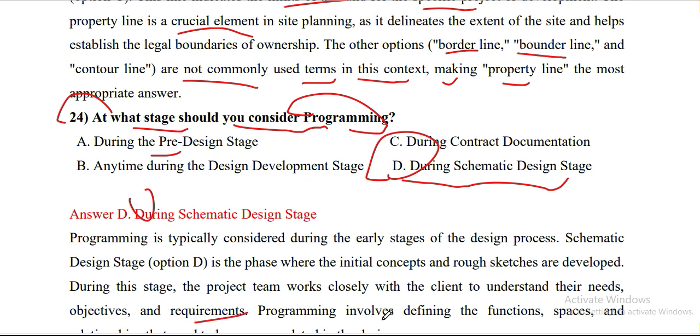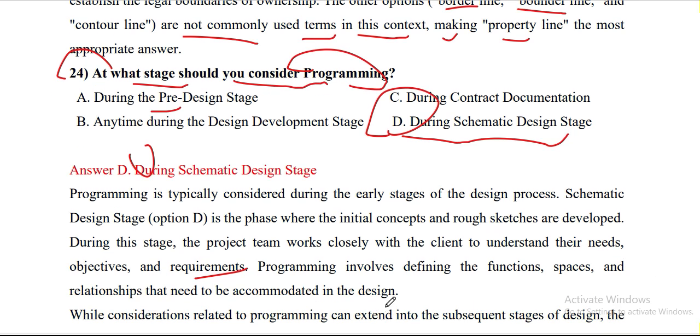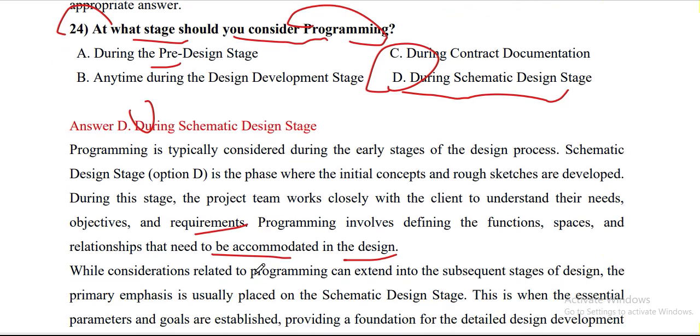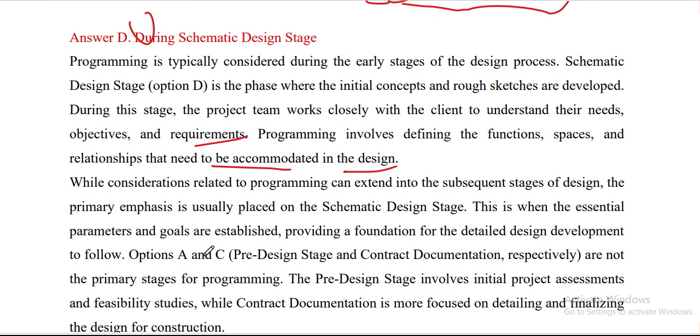Programming involves defining functions, spaces, and relationships that need to be accommodated in a design. While considerations related to programming can extend into subsequent stages of design, those are schematic design stages.